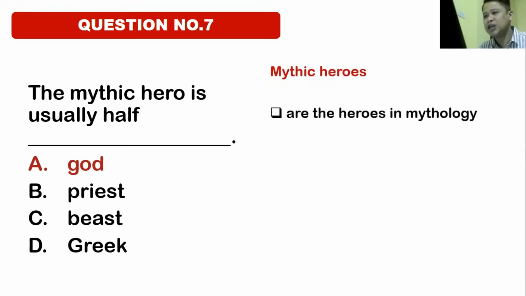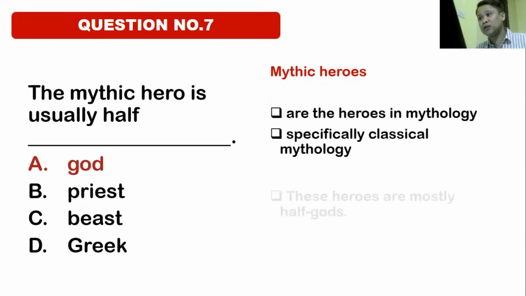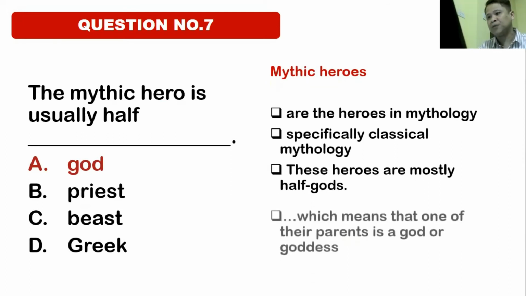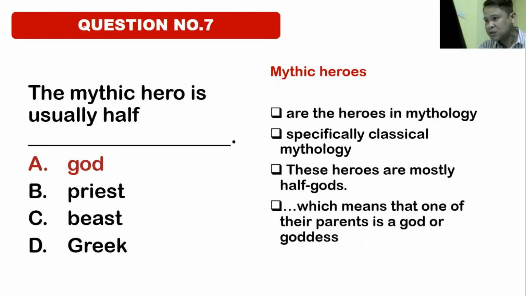Mythic heroes are the heroes in mythology. Basically, in classical mythology, that's the mythology of ancient Greece and Rome, these heroes are mostly half gods, which means that one of their parents is a god or goddess.